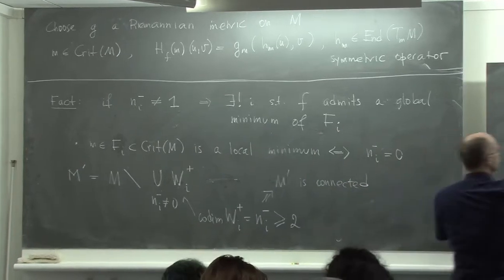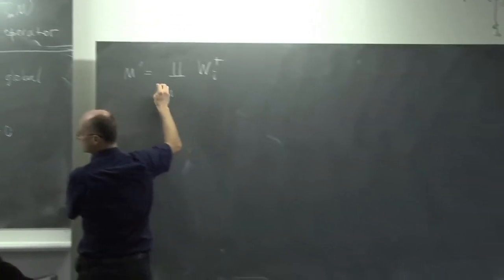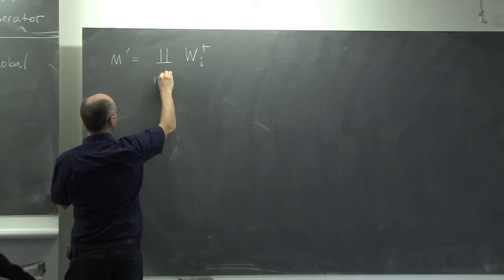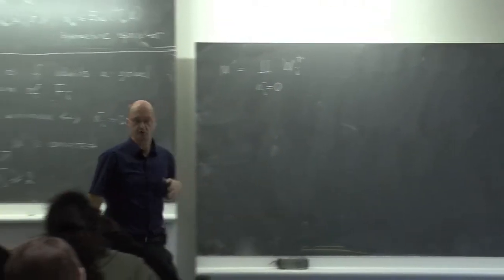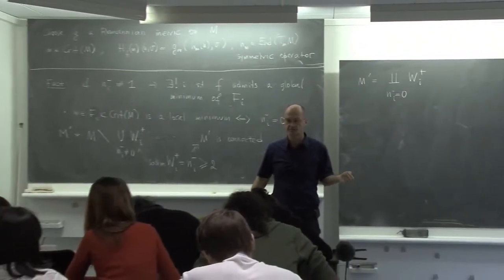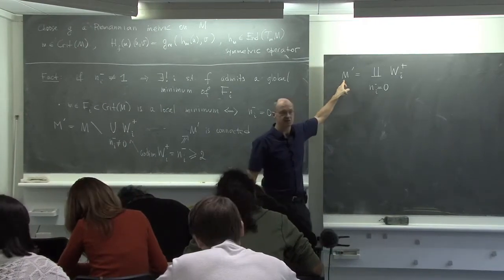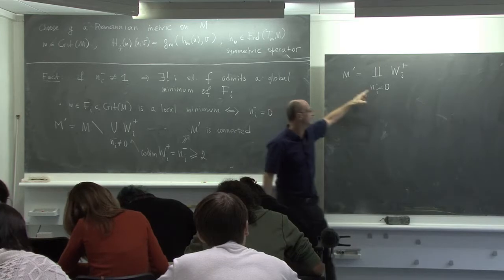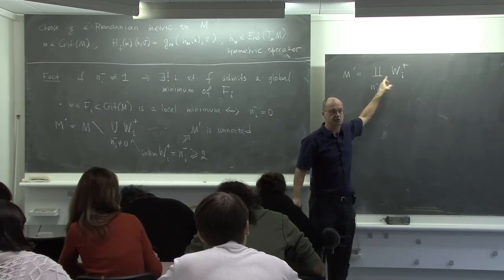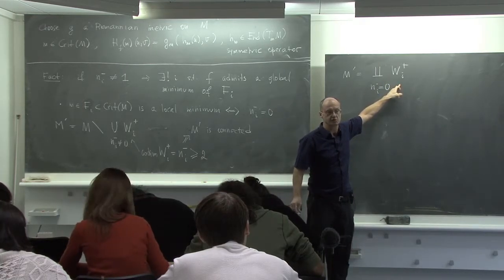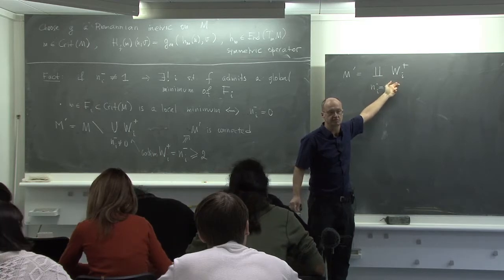So this is a union of stable manifolds with n_i minus equal to 0. But now this is connected, and this is a disjoint union of these pieces, so there should be only one of them.